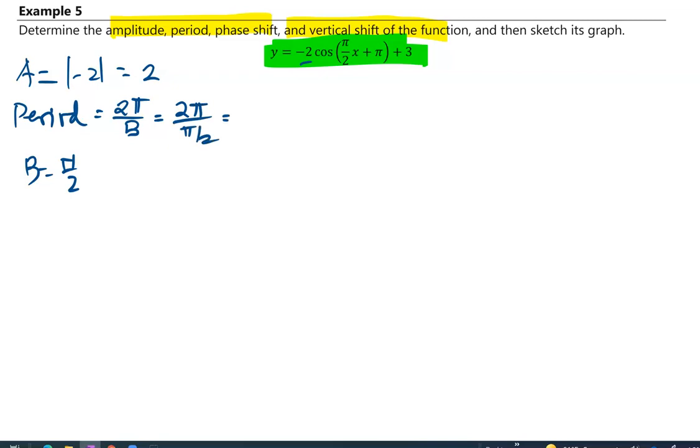That is 2 pi times the reciprocal, 2 over pi, which is equal to 4.